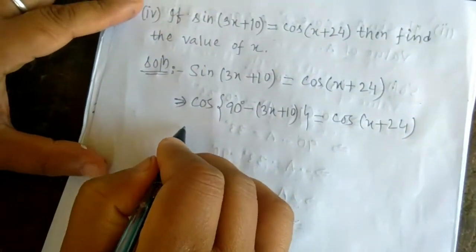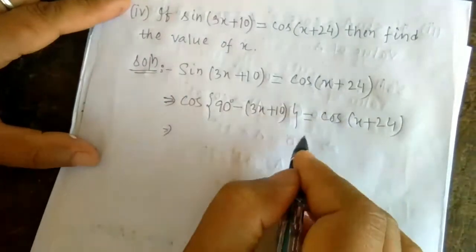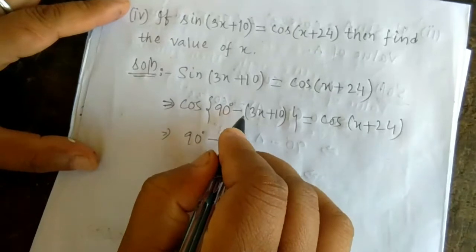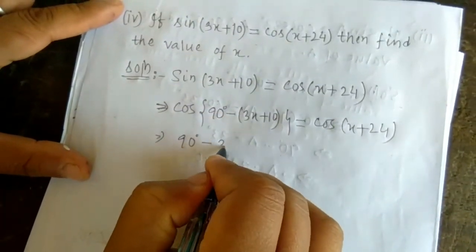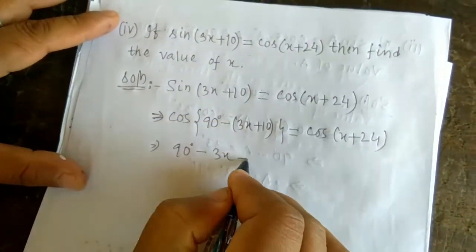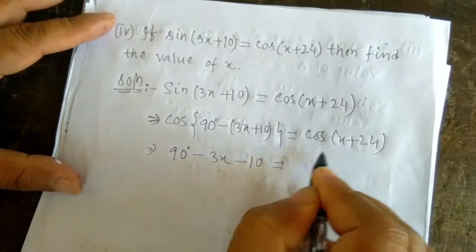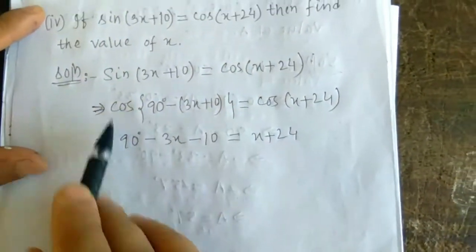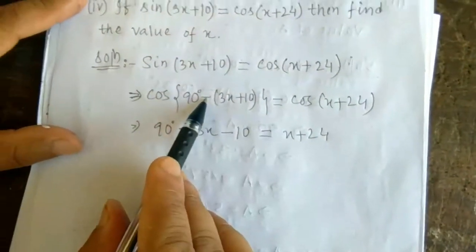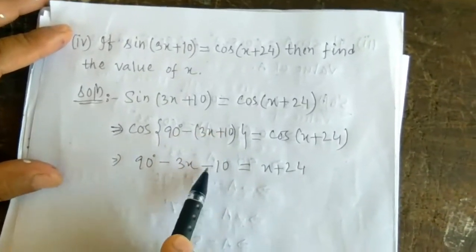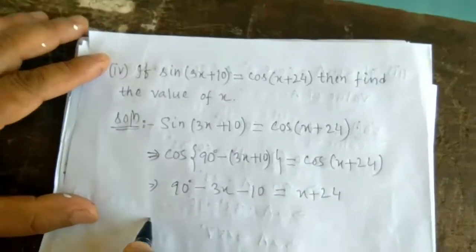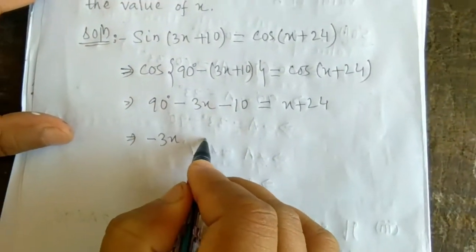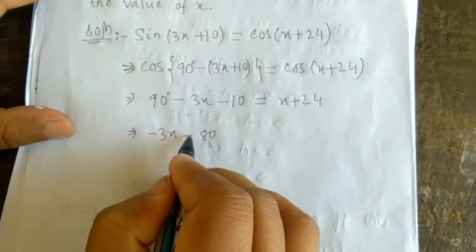Okay, cos will cancel from both sides, so 90 degrees minus (3x + 10) equals x + 24, minus into plus is minus 3x, minus into plus is minus 10. Understood now? Cos cancels from both sides. Then minus 3x, 90 minus 10 is 80, 90 is greater, so positive.